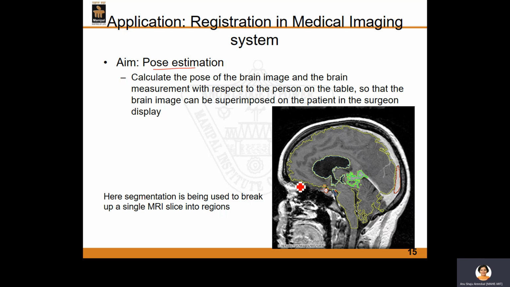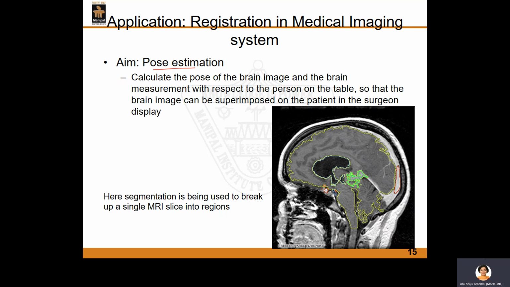And you can see there are some green, yellow, and red boundaries shown over here, right? These are different regions of interest present in the patient's brain. So given this particular segmentation, we can superimpose all these regions while the surgery is going on, okay.